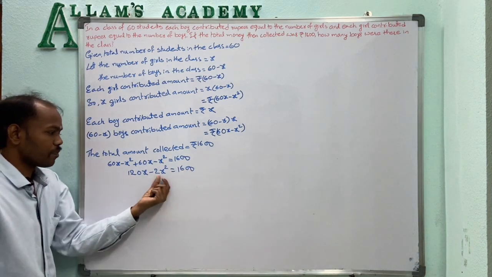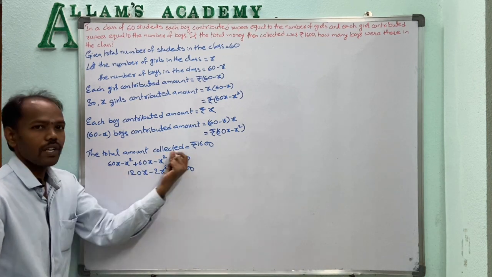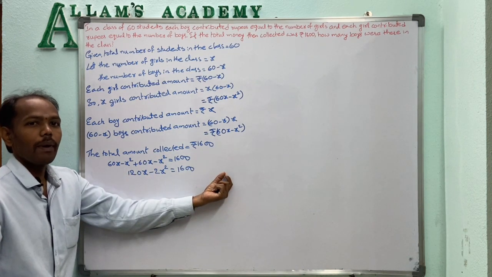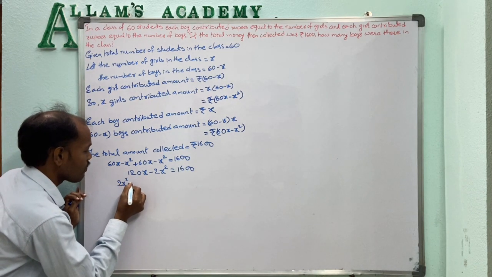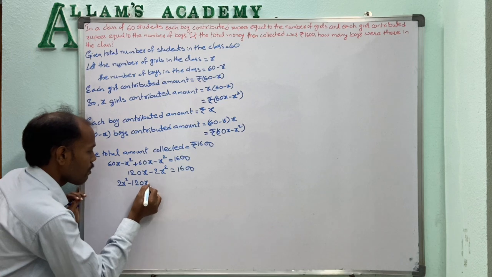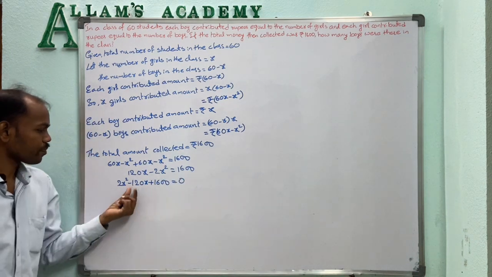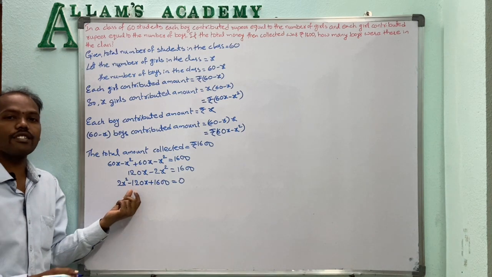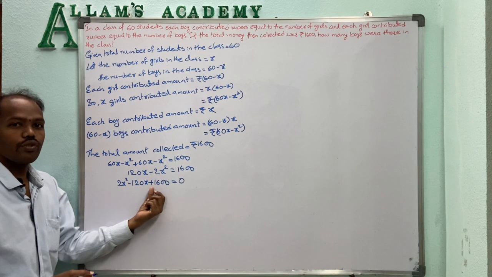Now transfer the minus 2x square to the other side, plus 2x square, and also 120x, minus 120x. So 2x square minus 120x plus 1600 equals 0. Now 120x can be written as 2 into 60x, and 1600 can be written as 2 into 800.